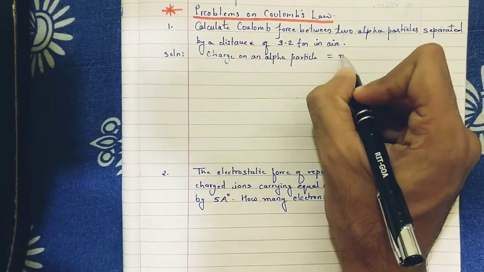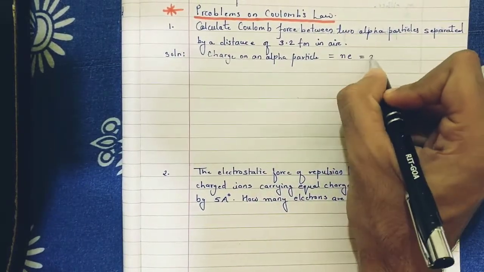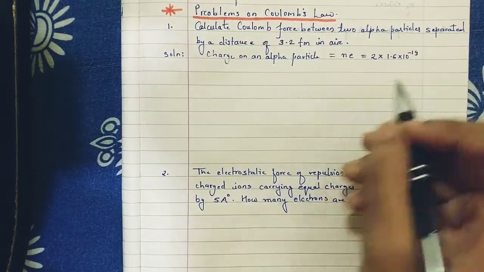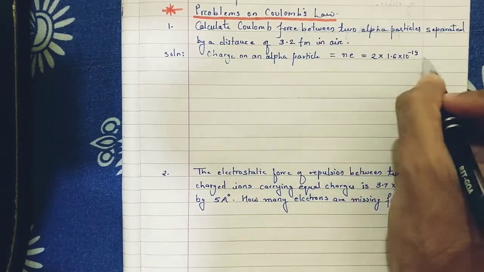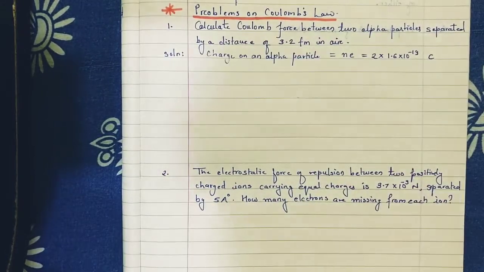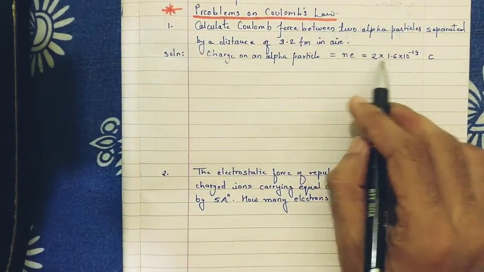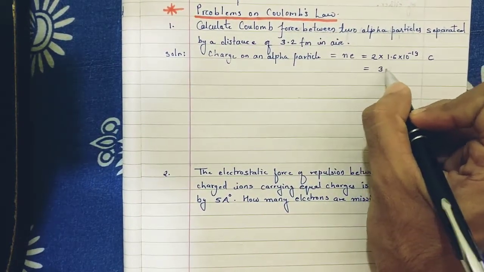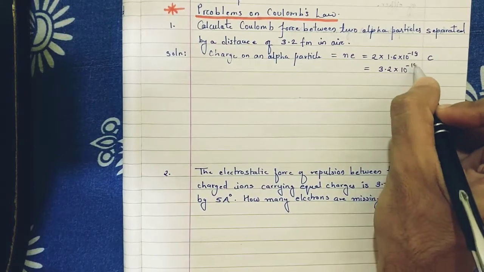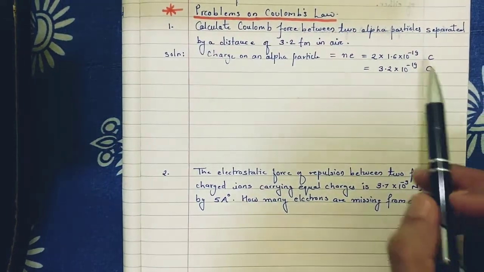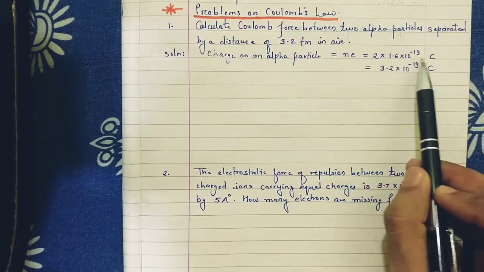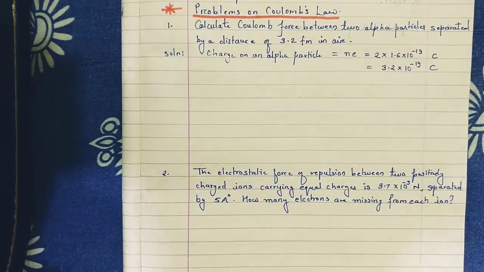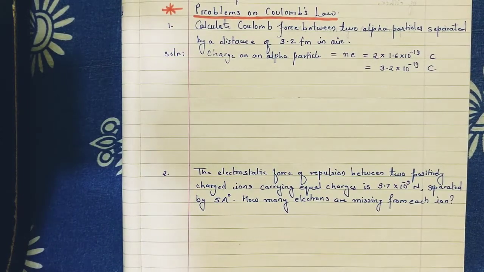So N is 2 into e, which is 1.6 into 10 raised to minus 19 coulombs. I'm keeping this as it is for a reason, or you can simplify it to 3.2 into 10 raised to minus 19 coulomb. I'm keeping it this way because I can cancel out some terms in the next formula. Next we need to find the force between these two alpha particles.